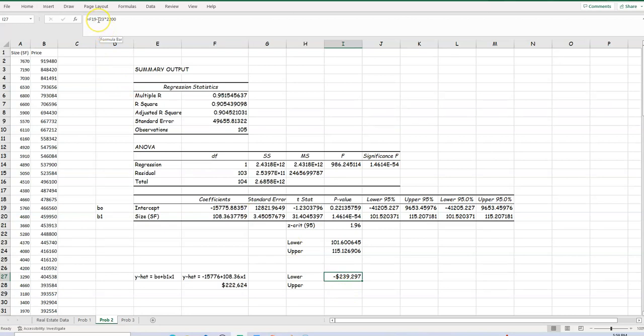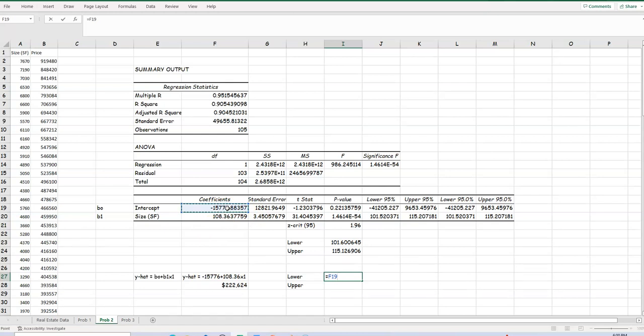F19 plus I23 times 2,200. Let's see, lower bound here. One more time. That shouldn't have been negative. That's my mistake, Stephanie. Hold on.